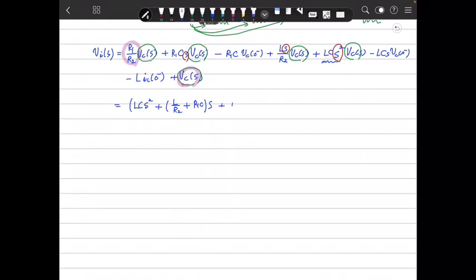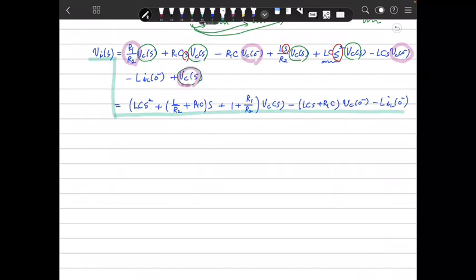So plus 1 plus R1 over R2 VCS minus the initial value of here is that and that. So that value is minus LCS plus R1C VC initial value minus LIL initial value.